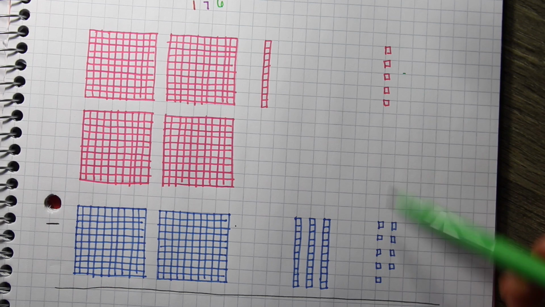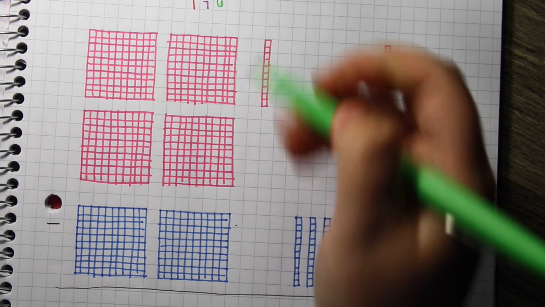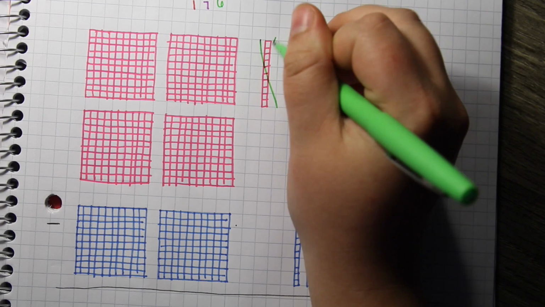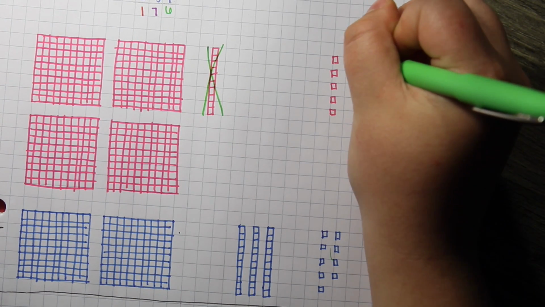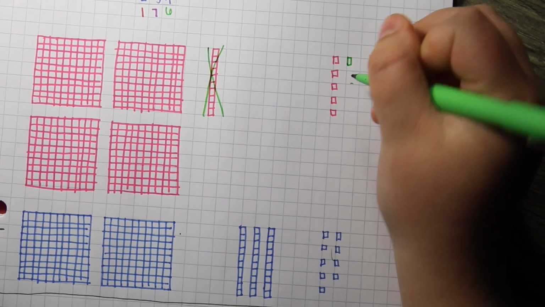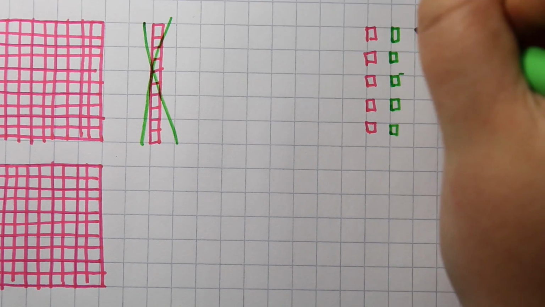Now I'm recognizing that I can't take 9 from 5 here, so I'm going to go ahead and steal the 1 long from the tens place in the 415, and I'm going to replace it with 10 individual blocks so that I can take 9 away from the top.